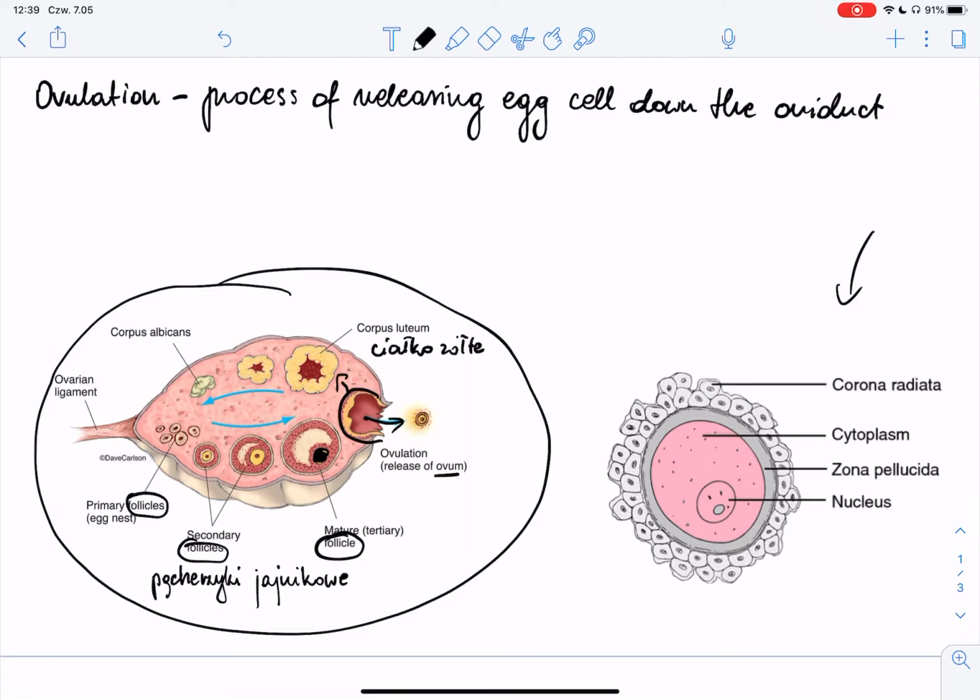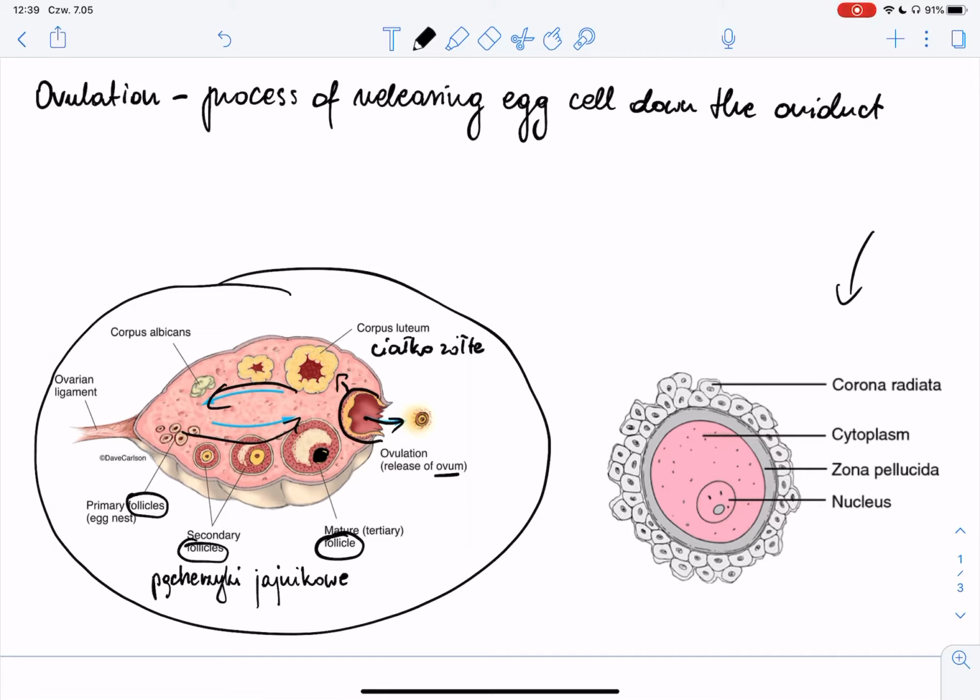If it's not, then it will disappear and hormones will start to be produced once again to start the process all over again. This whole cycle of releasing an egg, waiting for it to be fertilized, then breaking down of the corpus luteum lasts around 4 weeks, which is a month.